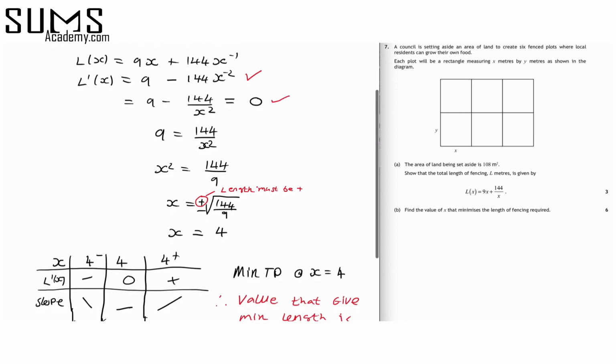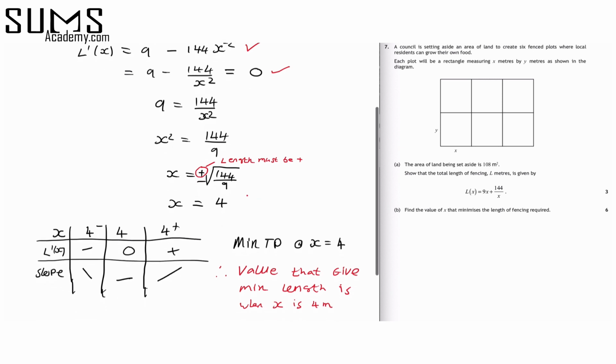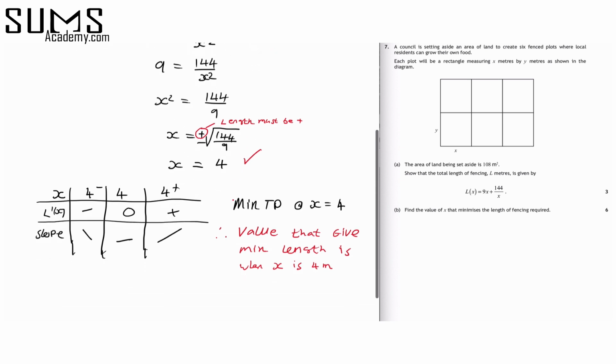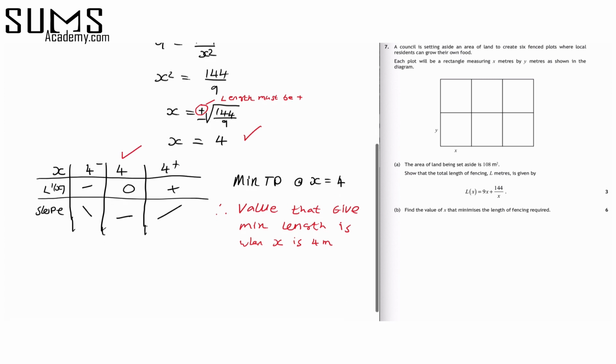You get another mark for finding the x value. You also get a mark for verifying with the nature table, and then you get your last mark for interpreting the result, basically saying there's a minimum at x equals 4, and this gives you the minimum length. So that's your last mark there, so it's 6 out of 6.